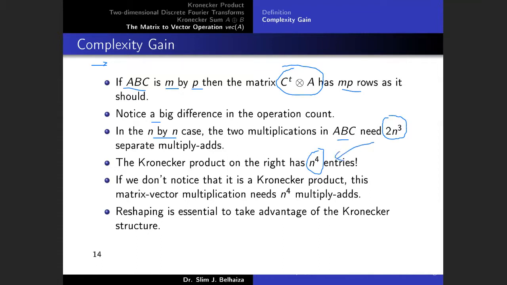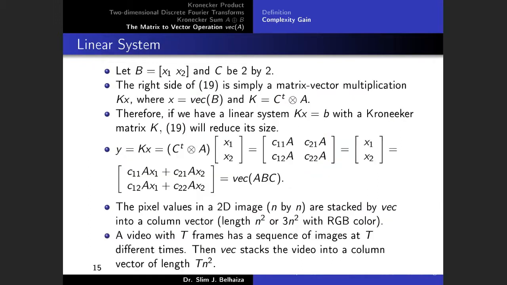So you see the difference. If n is huge, you have a huge complexity gain. If you don't notice that it is a Kronecker product, this matrix multiplication needs n to the power 4 multiply-adds. So what we call reshaping is the application of the vectorization to take advantage of the Kronecker structure.